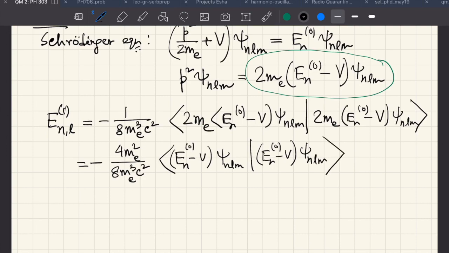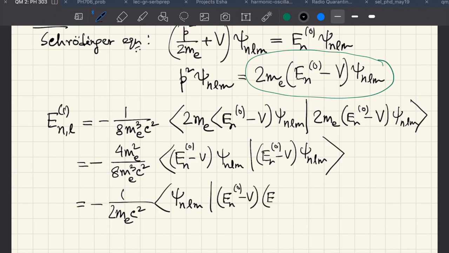Now the operator En0 minus V is also Hermitian, and it can be moved from the bra to the ket. So we can write this as minus 1 by 2me c squared, psi NLM, (En0 minus V)(En0 minus V) psi NLM.